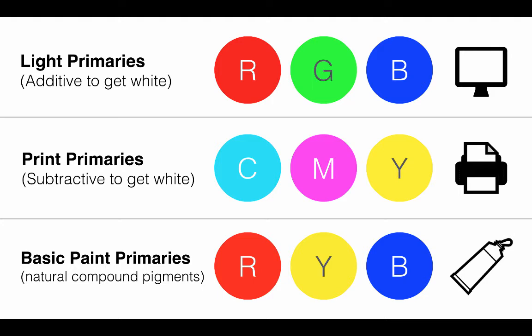If you add those together, you don't get white, you get a muddy dark color, which is why the K is added at the end. It's a carbon-based black that makes blacks richer. If you've ever tried to print off your printer using just cyan, magenta, and yellow because your black ink cartridge ran out, you'll notice that the blacks are not as rich.